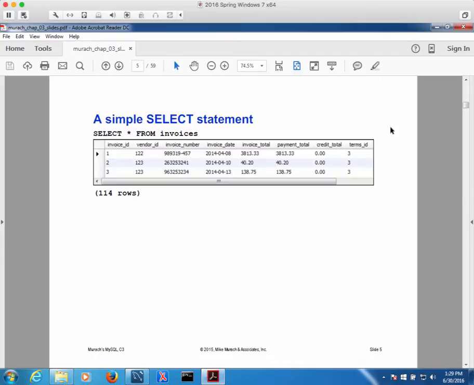So there are 114 rows in the invoices table. And you see the columns here, and that there is a horizontal scroll bar. So I don't think that we're on the last of the columns. We're not seeing either all the rows or all the columns.